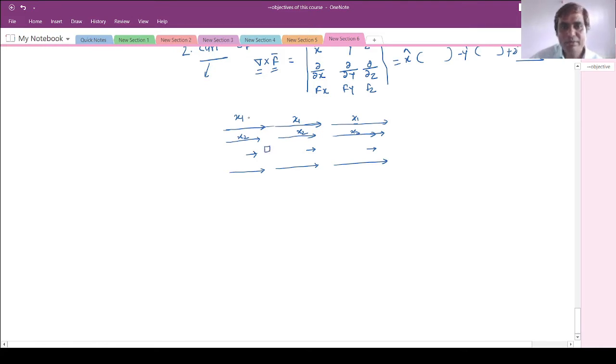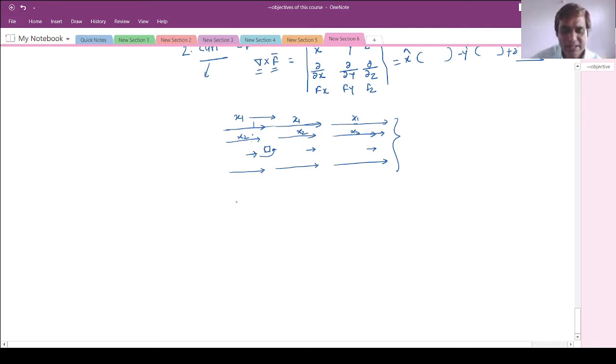If I go horizontally there will be no variation, but if I go vertically there will be variation. Because of that variation in the y direction, or vertical direction, there will be rotation captured. So this kind of thing is captured by curl, and there will be rotation of this small box. This kind of field represents the curl operation.